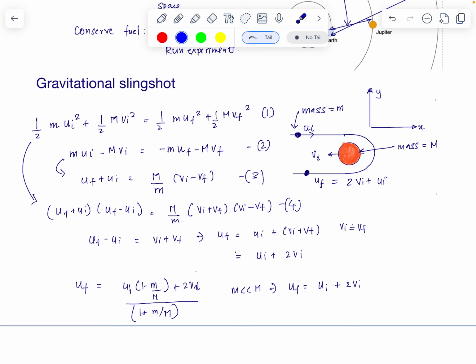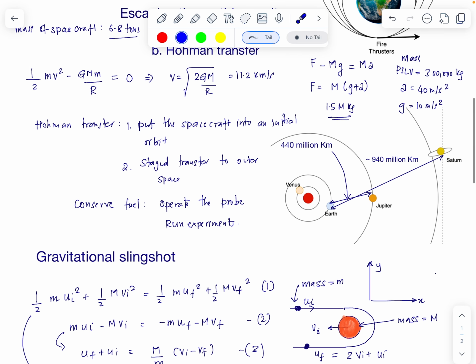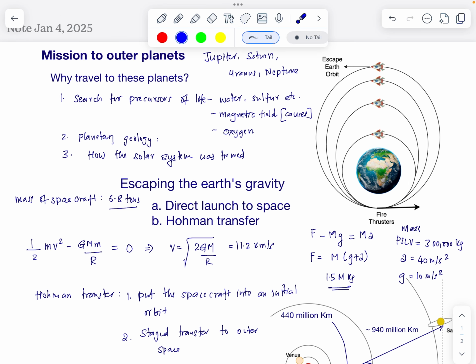We have found the basic equation that tells us how the gravitational slingshot operates. We found out how to launch a spacecraft very efficiently, by firing thrusters and raising the orbits one step at a time.